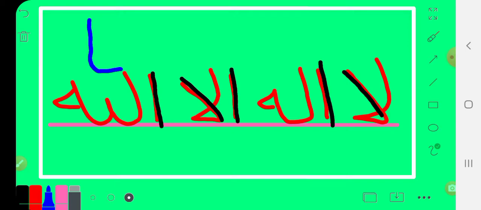But in Arabic we write it exactly the same, but in reverse. So it's a mirror image. So the l in Arabic is this one here. That's the l. There's another one there, and there's another one there.